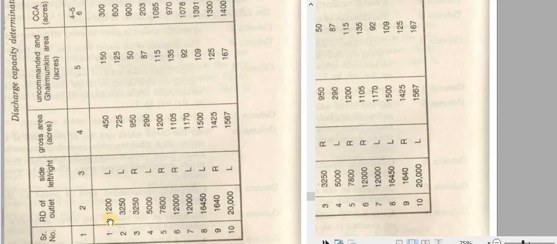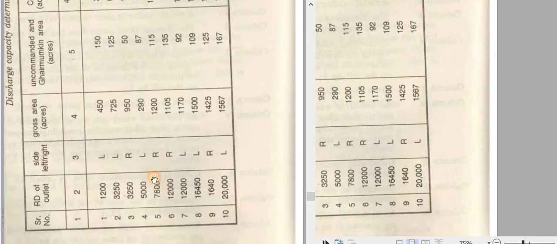So this 1200 feet is from where the canal is offtaking up to outlet number 1, and this is the distance again. And here we have two, one on the left side and one on the right side. Then we have one on the left side, then one on the right side, then two, one on right and one on left, then two again, one on left and one on right. It is again 1600, 450, and then we have 20,000, the last one.